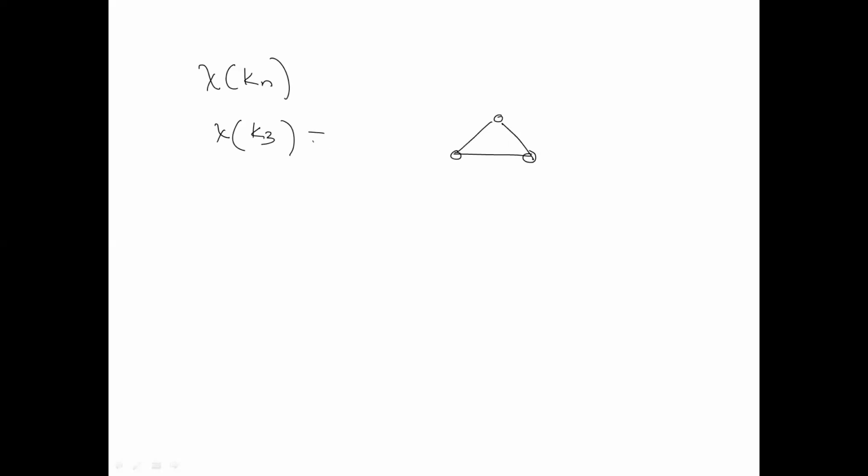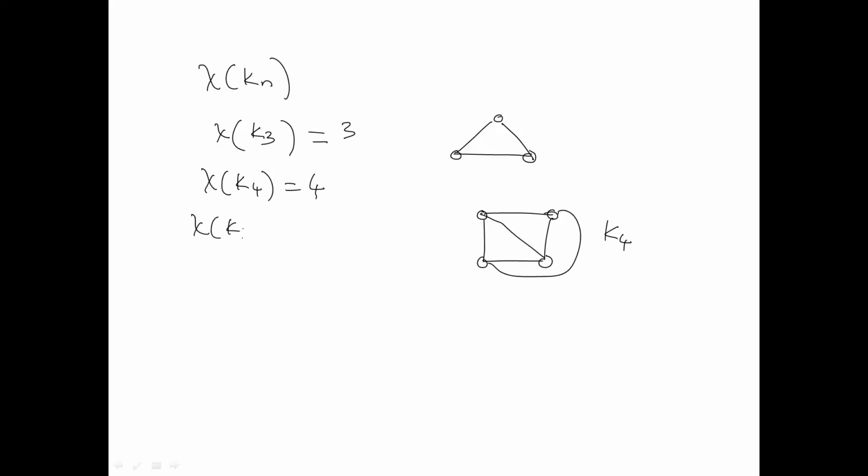And what is the chromatic number of this K3? 3, sir. And what is the chromatic number of K4? This is K4, right? Yes, sir. So the chromatic number of K4 is 4. What is the chromatic number of K5?